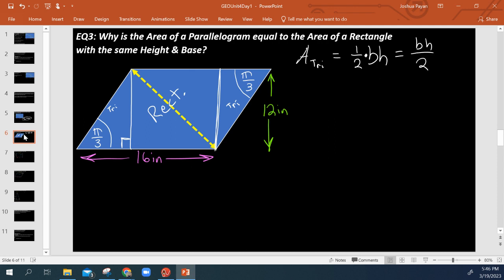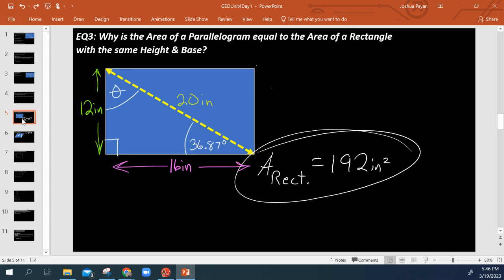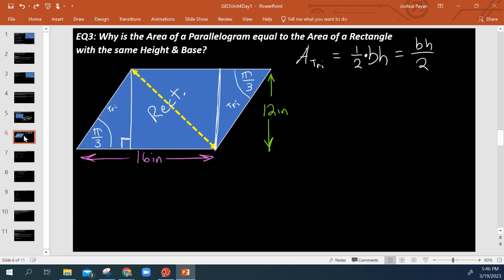The area of a triangle is equal to the area of half of a parallelogram. So we need to find the area of these triangles, add them together, and then add it to the area of this rectangle, and we should get 192 inches squared.